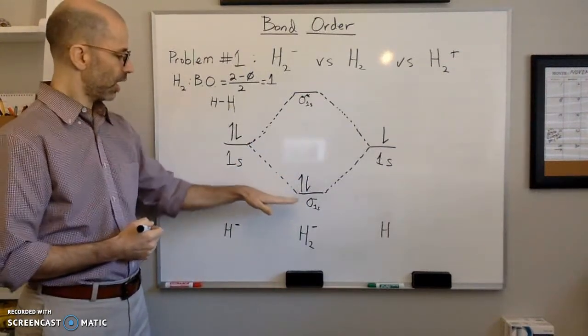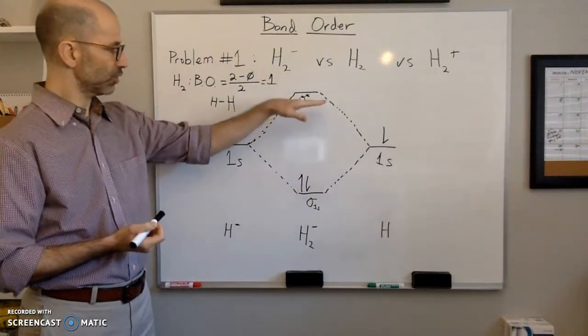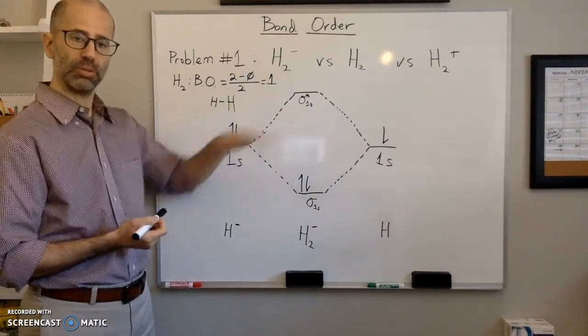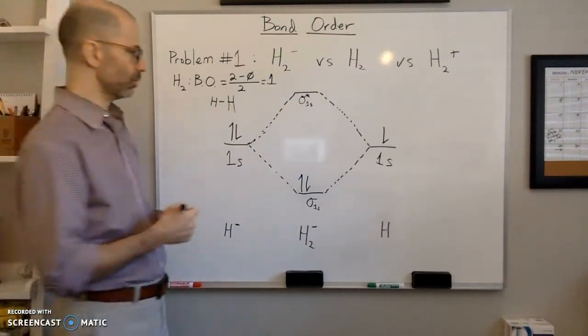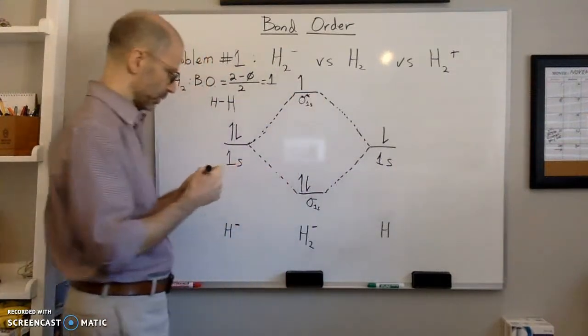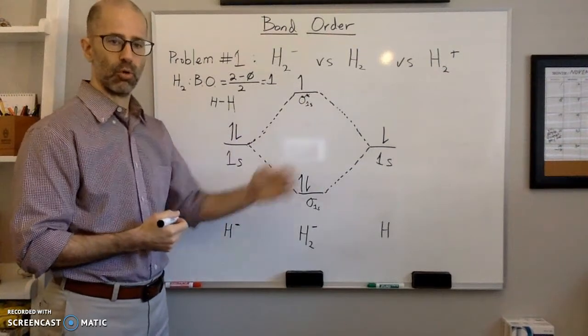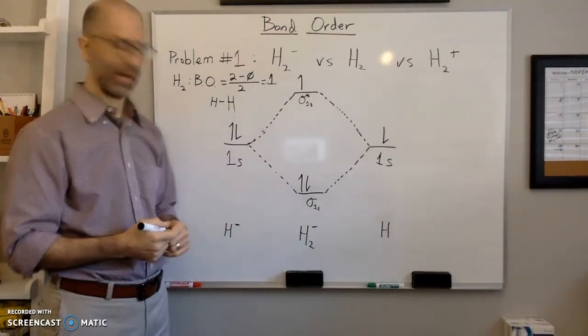Here we have our 2 electrons. We have 1 other electron, so that electron is going to go up to the next higher molecular orbital. That electron is going to be spin up there. So then here's our molecular orbital diagram for H2 minus.